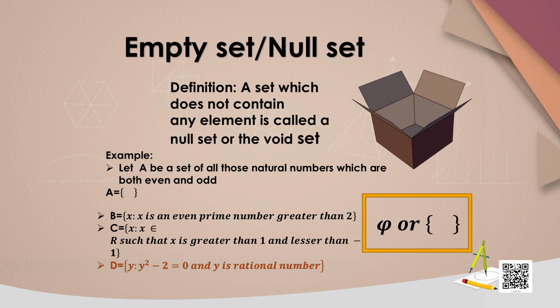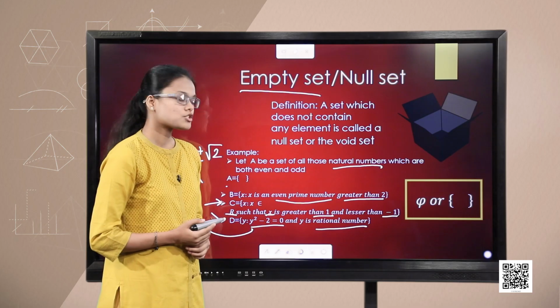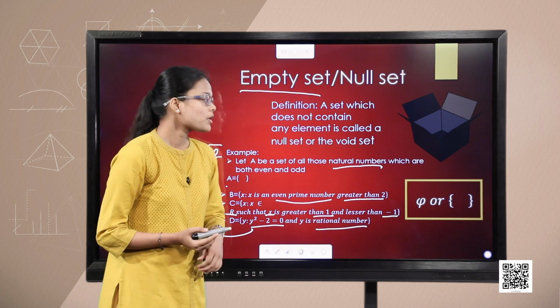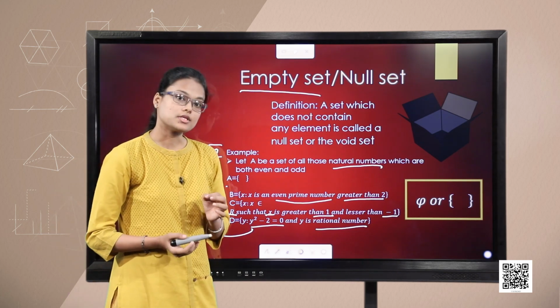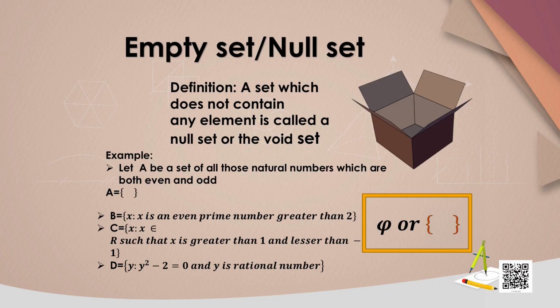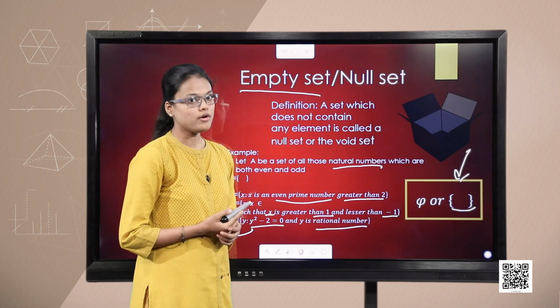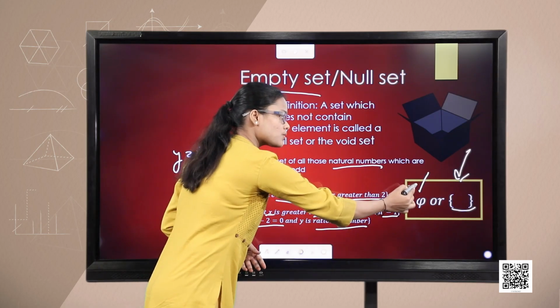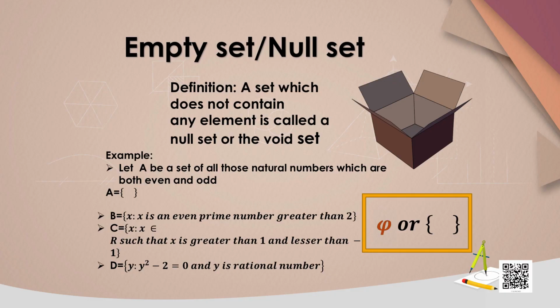So, again D becomes an empty set. Students, note that whenever we have to represent an empty set, we represent it with curly brackets with no element in it, showing emptiness, or with a symbol known as phi.